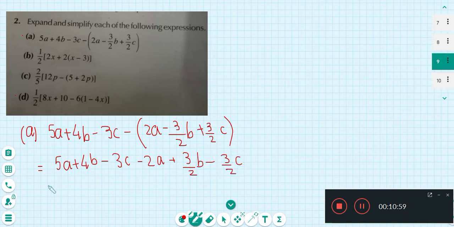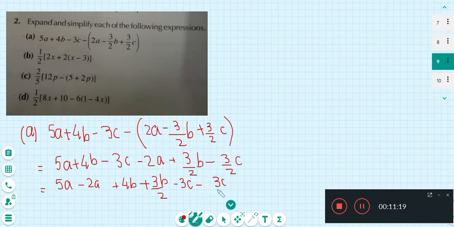Now combining the like terms, 5a and this minus 2a, 4b plus 3 over 2b or 3b over 2, and minus 3c minus 3c over 2. So they are the like terms.